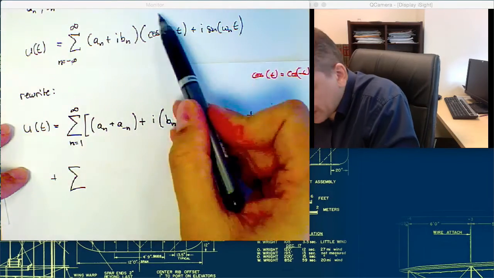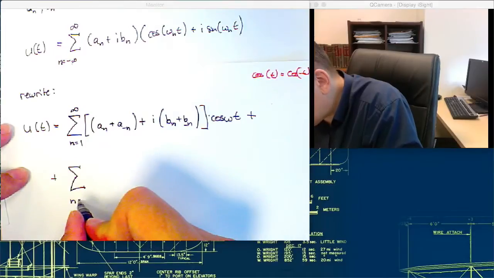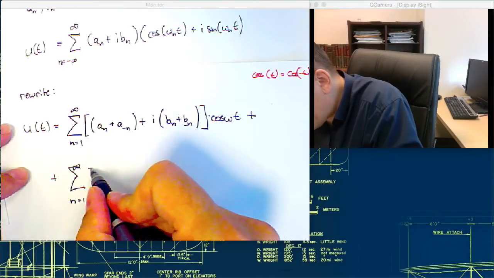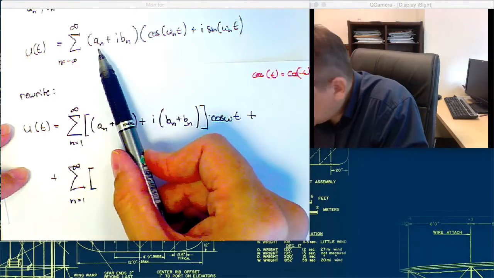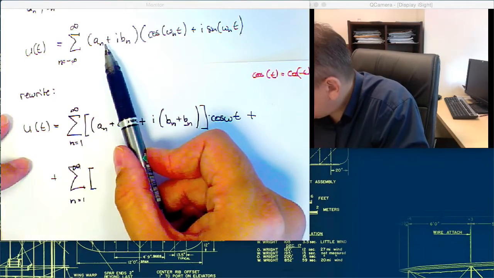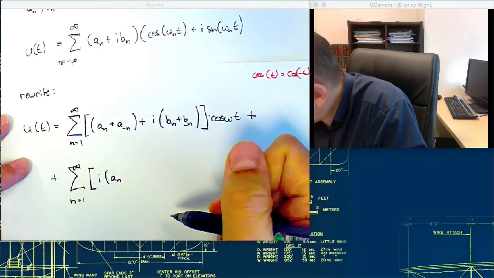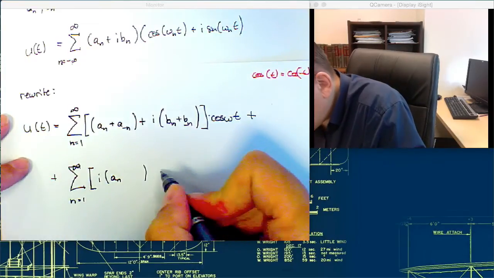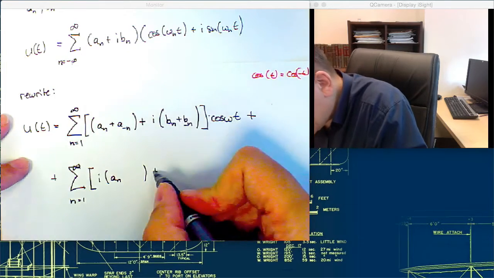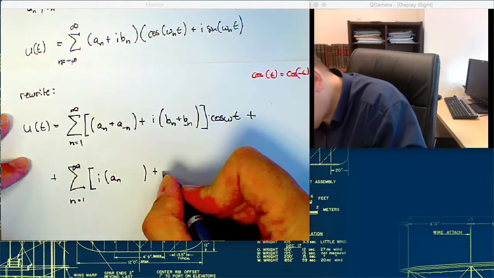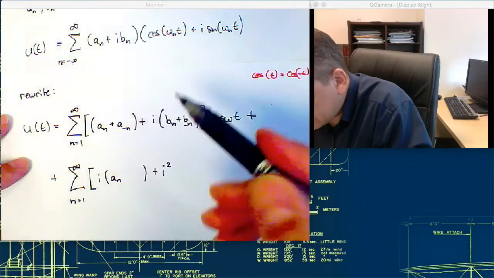Then we have taken care of this term. We need to take care of the other term here as well. So then we count from n equal 1 to infinity. And so I have here i times an. Then I leave some space, plus it's i squared, sorry. So we have here i times i.